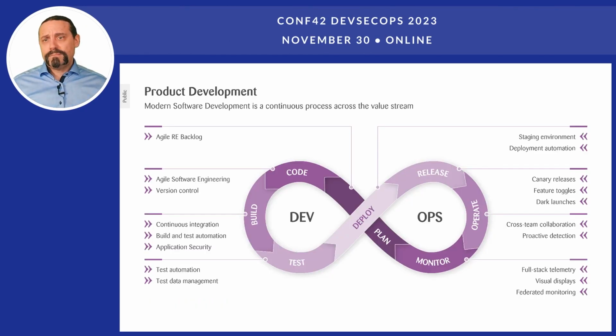So now, when you are going to implement DevOps, this is nothing else than modern software development across the value stream. For that, we have this infinity symbol, this DevOps symbol, where you can see that in the planning step, you need to have agile requirements engineering and backlog management. You need to have agile software engineering practices in the coding, which you should apply.